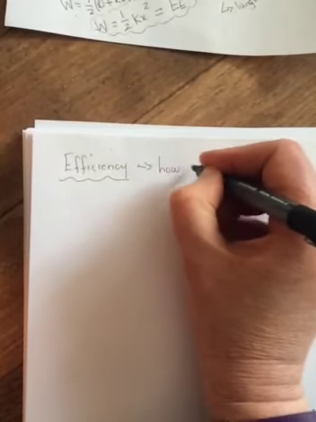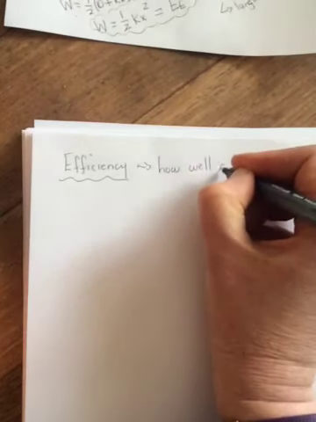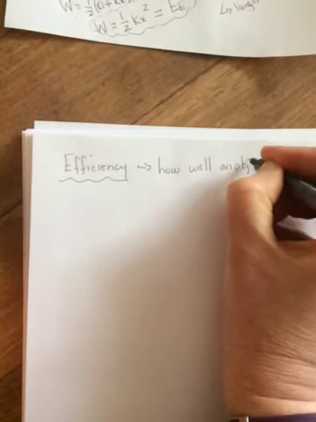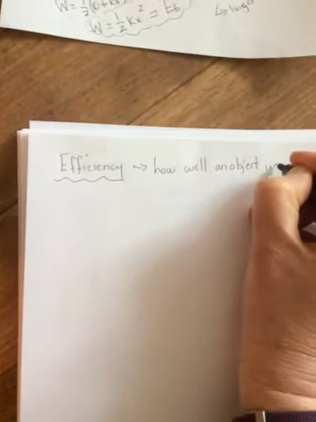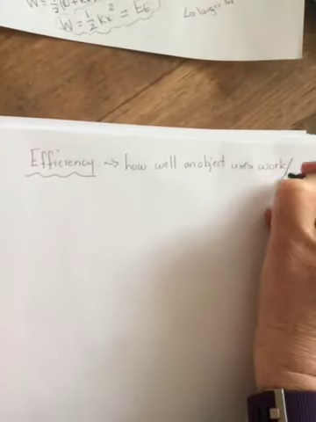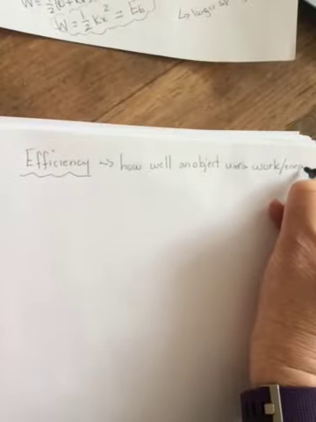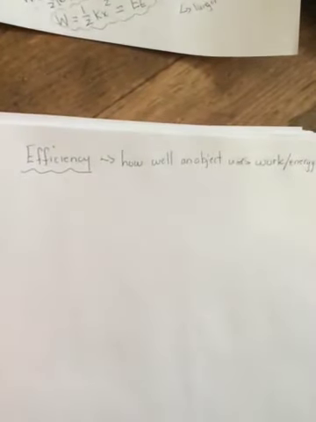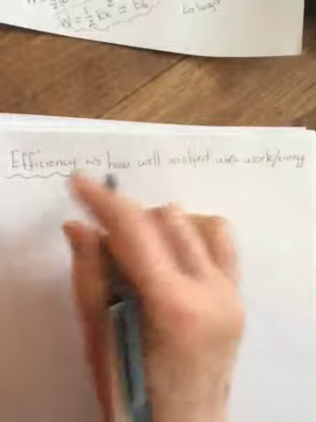So how well an object uses work or energy, because remember, one's kind of the same as the other. Work results in a change in energy.